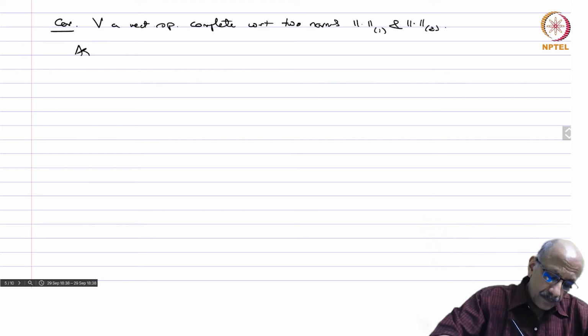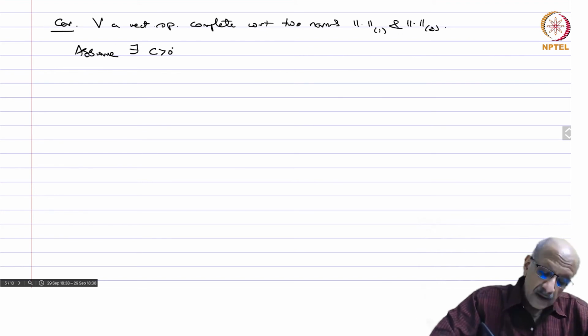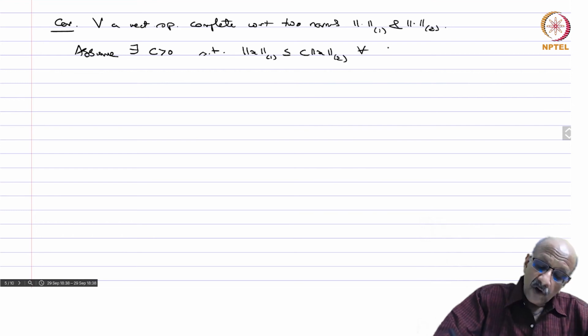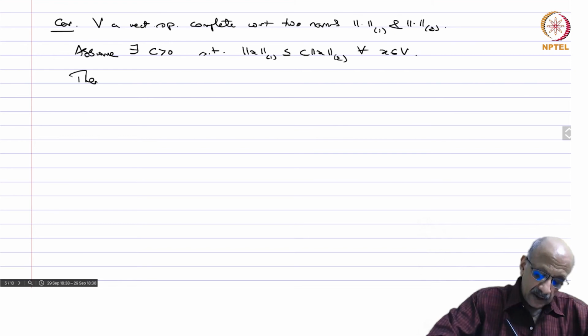Assume there exists a C positive such that norm x1 is less than or equal to C times norm x2 for all x in V, then the norms are equivalent.